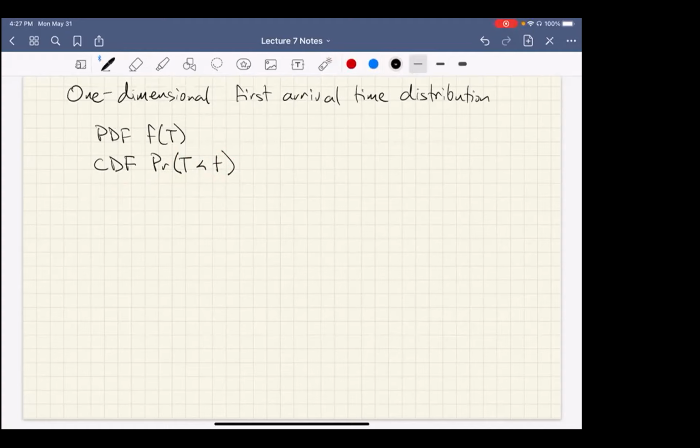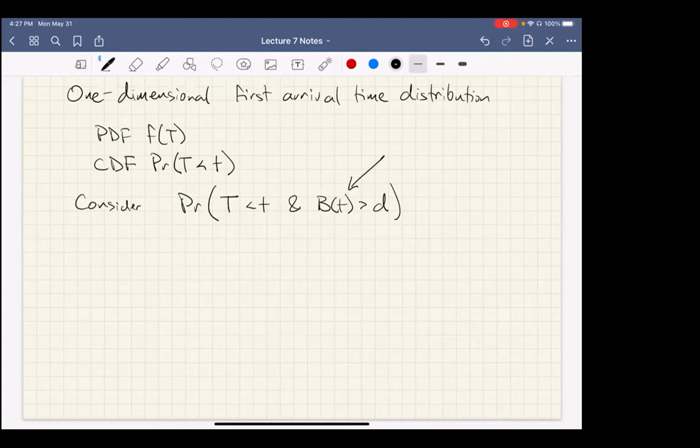Now here's how it's going to work. Consider the following probability. What's the probability that, if I give you some little t, the first arrival time is less than t, and the position of the Brownian motion is greater than the position of the boundary, D? Okay, so again, let me give you an aside here.